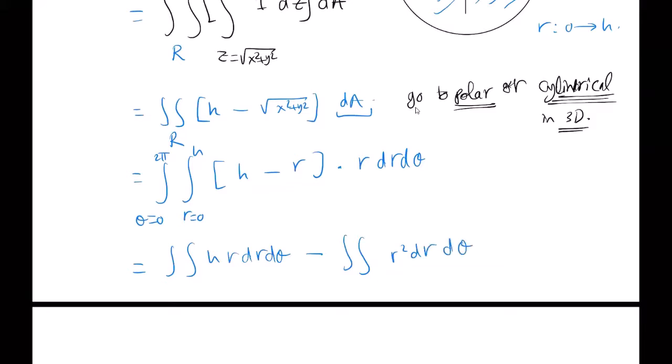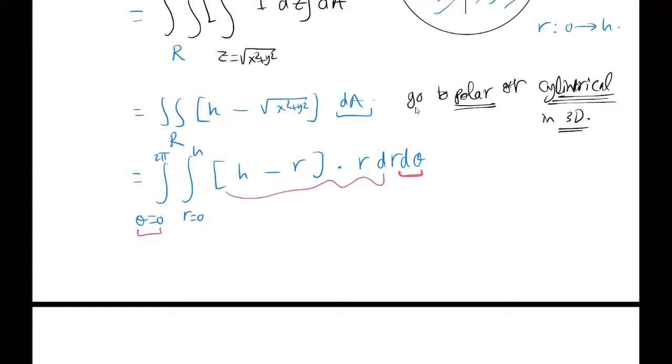Let's do it this way, because d theta can be done separately, there is no theta here. This is all a function of r, so no need to multiply. We can separate them. It's separable. Okay, so let's do it this way.